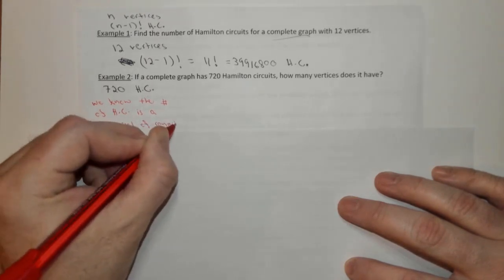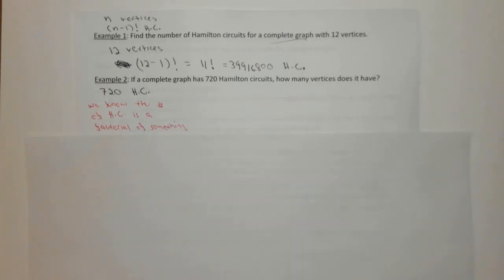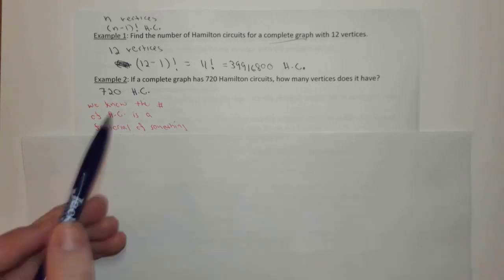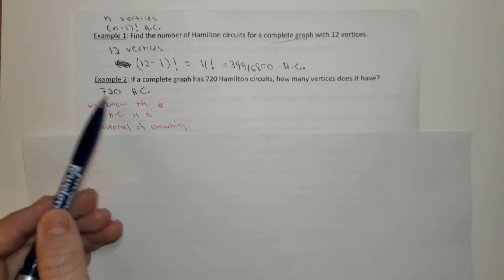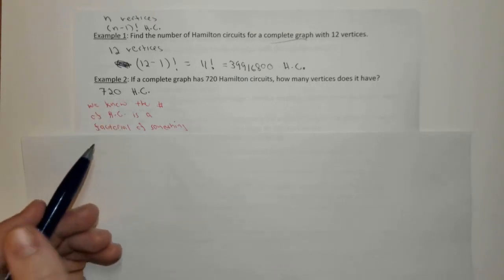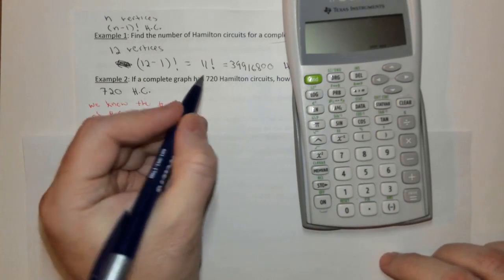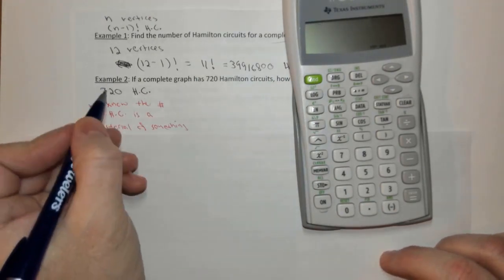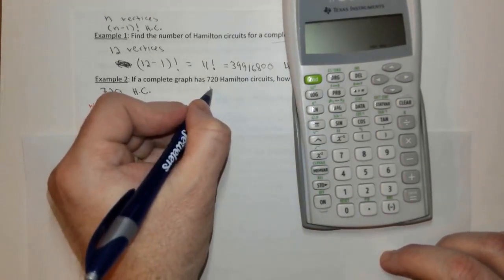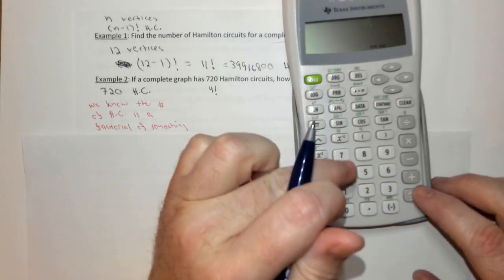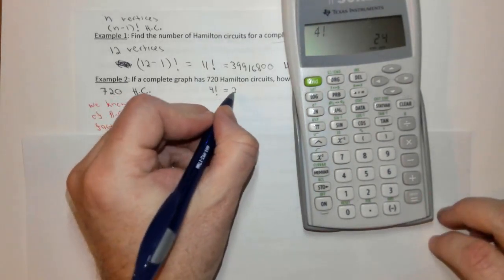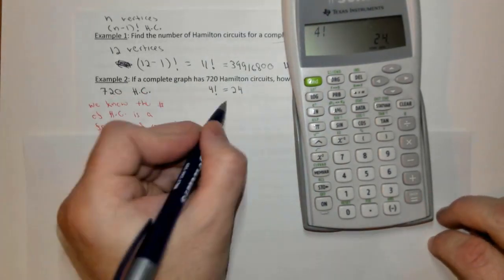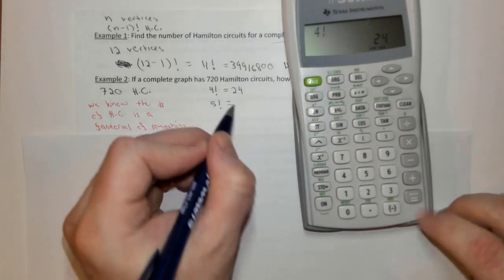And I don't really like trial and error, but this is about where we're going to use trial and error. Now, with enough experience with doing factorials, you might remember what this is. But let's say you don't know. So what we can do is we know that, well, you should know that 3 factorial is 6. So I'm going to start with 4 factorial. So 4 factorial is 24. All right, it's not a 4 factorial. Let's try 5 factorial.